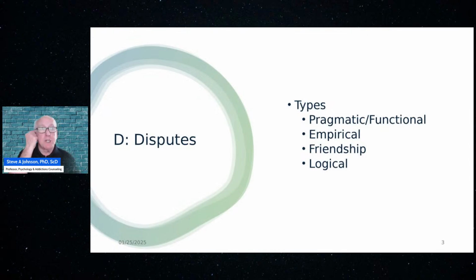Now I want to move to, in the ABC model, what we would call the D. Albert always liked to have simple ways. Albert Ellis, the founder of this model, always liked to have simple ways to help clients and clinicians. We all like something simple, but not overly simple. Help them to remember and have a strategy and a kind of cognitive framework in which they can help themselves, because our goal is to help clients help themselves so that they don't rely upon us for long term.